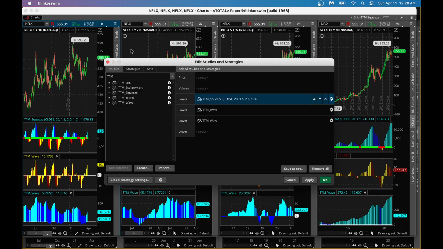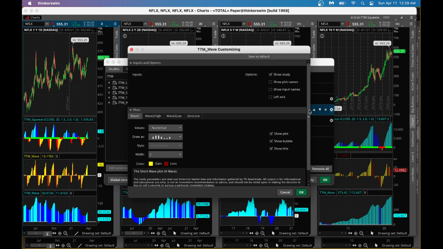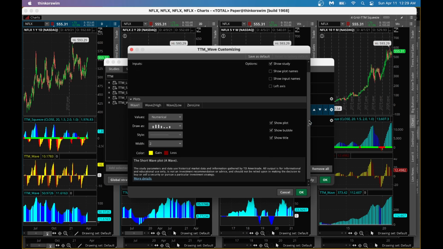That's good. And I also added the wave. I like to add both A wave and C wave. So first one is the A wave, which is a short-term indicator. Next one is a little bit longer term indicator. So if I open the A wave here, the way it's set up is, A wave is basically wave one. So I said wave one, and show plot, show bubble, show title.